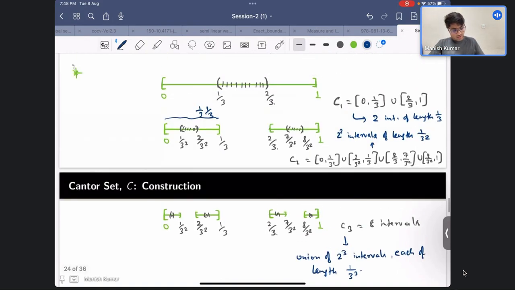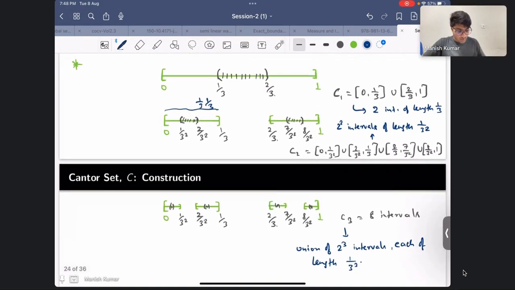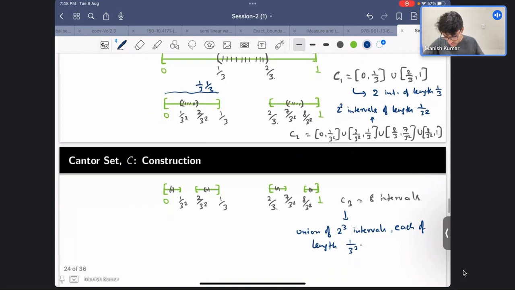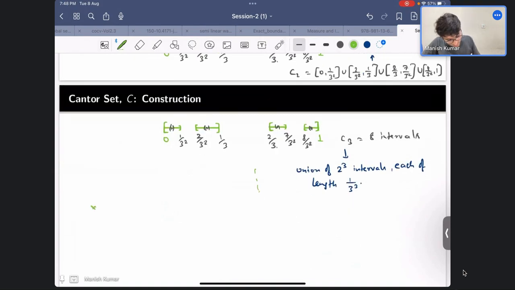So is this clear? I mean this part? Yeah, okay. So this is fine now. So in this way we continue. So overall what I can say is that this Ck is the union of 2 raised to the power k closed intervals, each of length 1 by 3 raised to the power k.